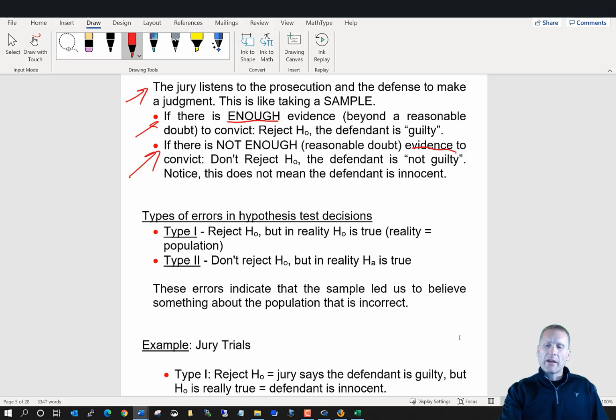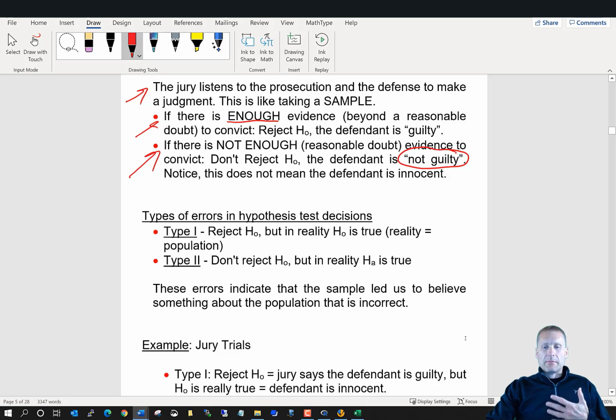And look at the wording here. This is the way that jury trials are worded. Not guilty does not mean the defendant is innocent, though. It just means there wasn't enough evidence beyond a reasonable doubt to convict. I mean, there wasn't enough evidence from the sample to say, for example, maybe the mean was equal to 250 or it wasn't.